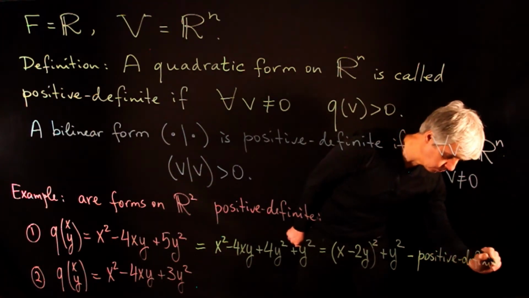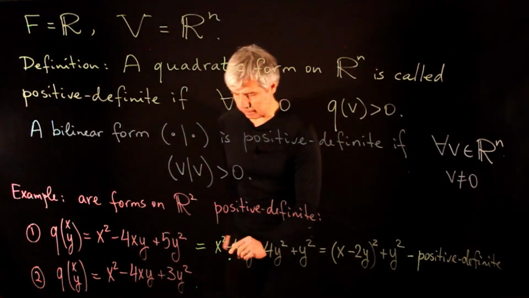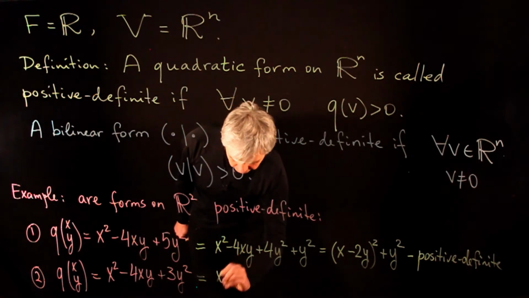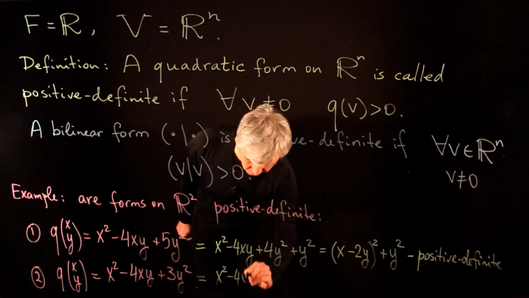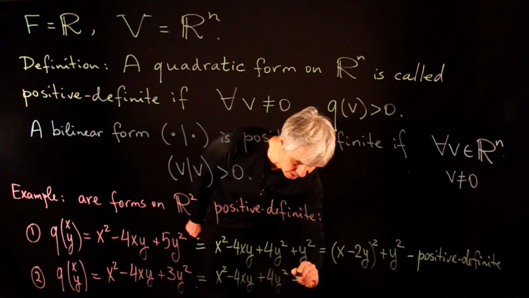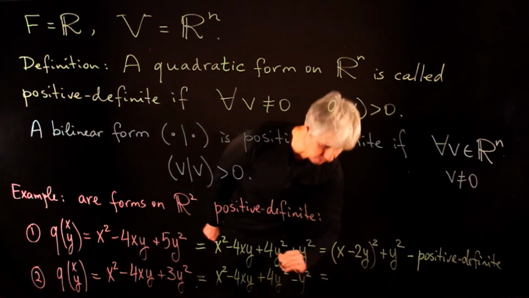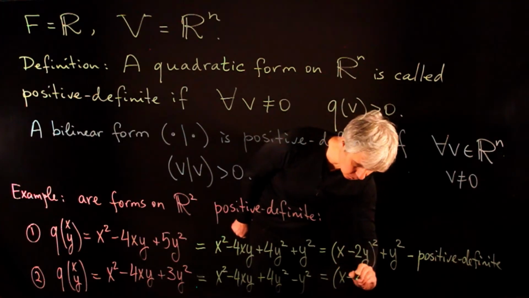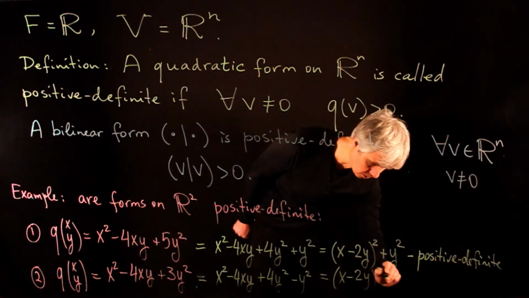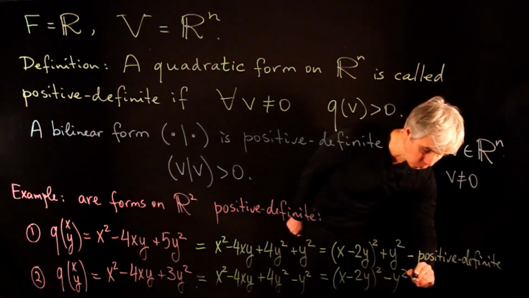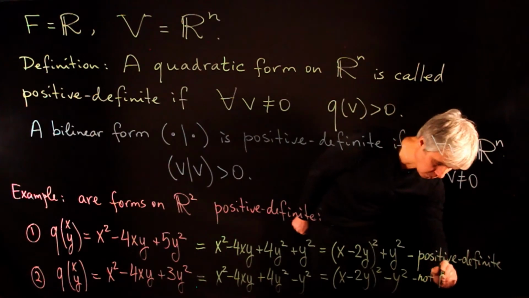For the second form, if we try to do the same trick, the result will be x squared minus 4xy plus 4y squared minus y squared. And so this becomes (x minus 2y) squared minus y squared. And we see that this is not positive definite.